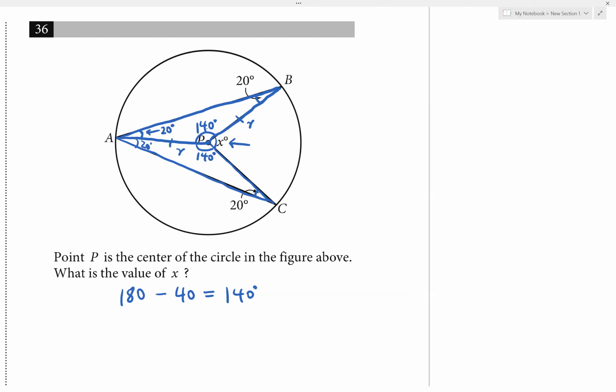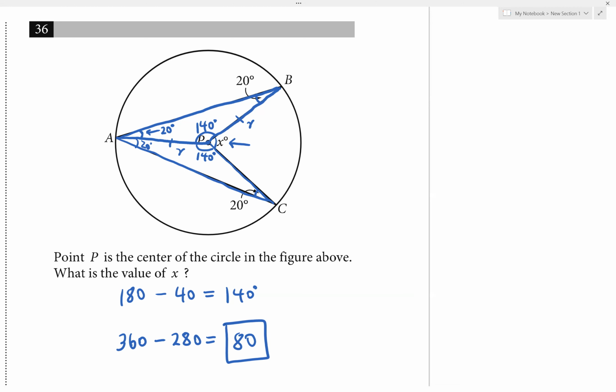Or we can do 140 plus 140, which is 280, and then subtract that from 360. So 360 minus 280 gives us the angle measure for x, which is 80 degrees. So our x value will be 80, and that will be our final answer for question 36.